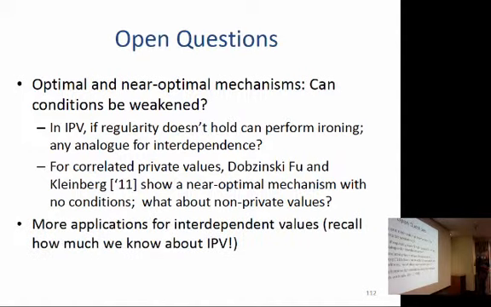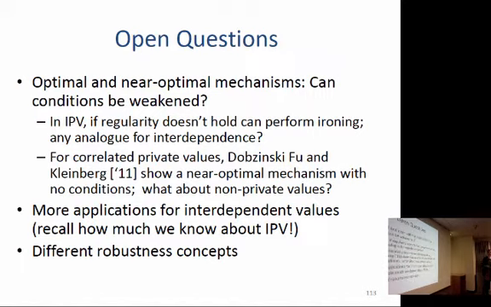Different directions would be more applications. Just pick your favorite application for IPV. It doesn't even have to be optimal mechanism design, and try to apply these tools and get something for interdependence.